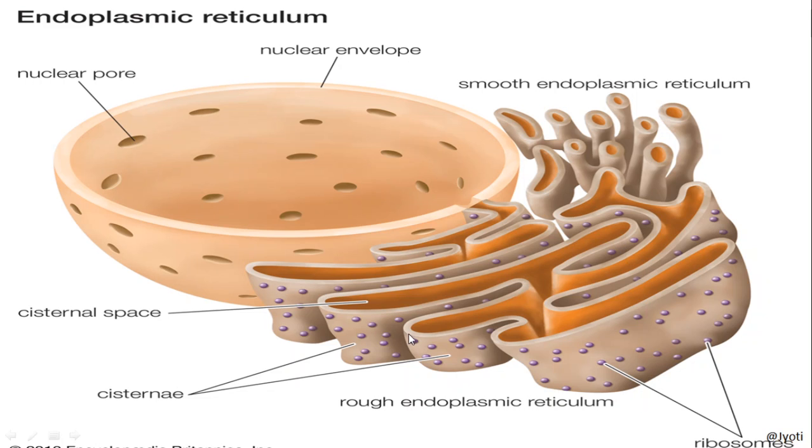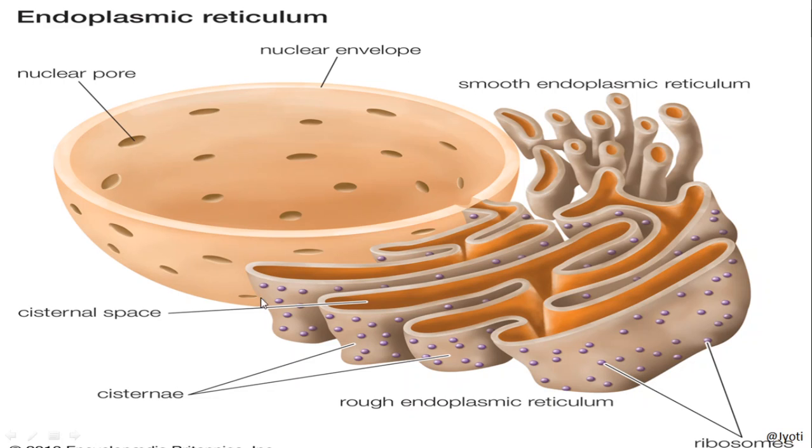This endoplasmic reticulum is of two types, smooth endoplasmic reticulum and rough endoplasmic reticulum. Here you can see that on the cisternae some granules are present on their surface. These granules are nothing but other cell organelles, the ribosomes.